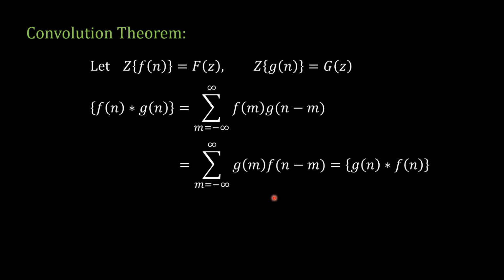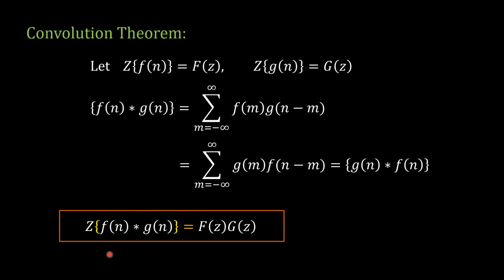Then in this case, the z transform of the convolution of two sequences, z transform of f of n star g of n, is equal to the product of their z transforms, that is f of z into g of z.